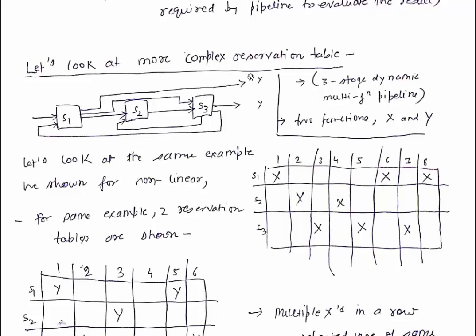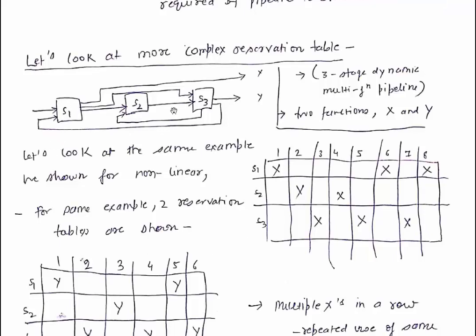One output is specified as X, another output is specified as Y. For example, simultaneously you are carrying out X and Y, and these X and Y can be addition and multiplication. So this is an example of a 3-stage dynamic multi-function non-linear pipeline.